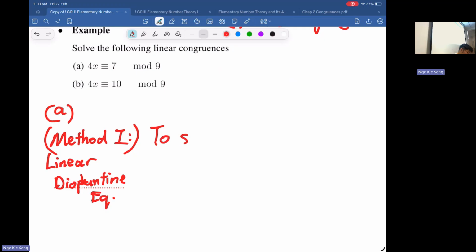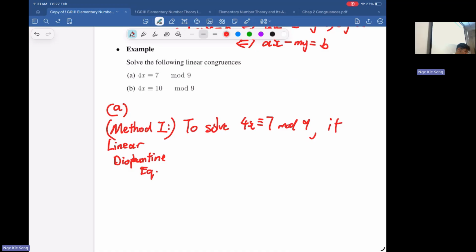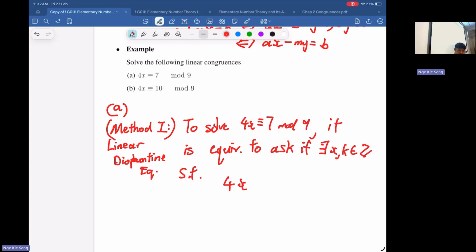To solve 4x congruent to 7 mod 9 is equivalent to asking if there exist x and k in Z such that 4x minus 7 equals 9k. Or in other words, this is a Diophantine equation: 4x minus 9k equals 7.